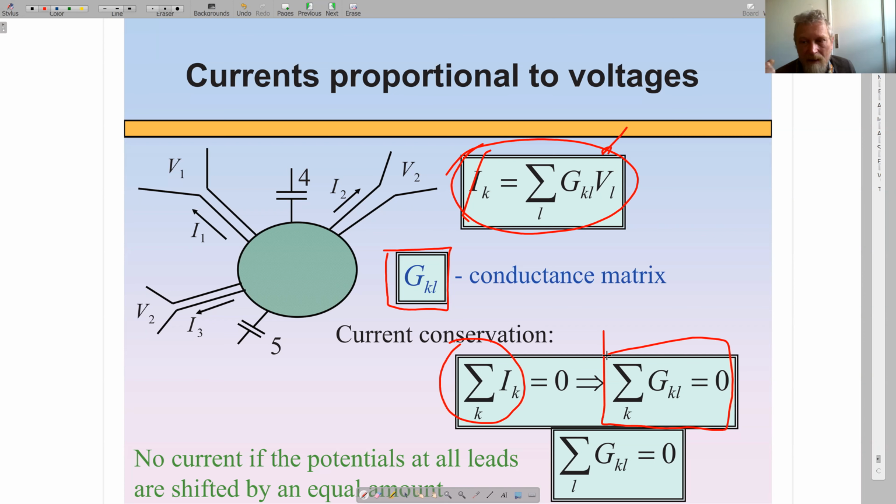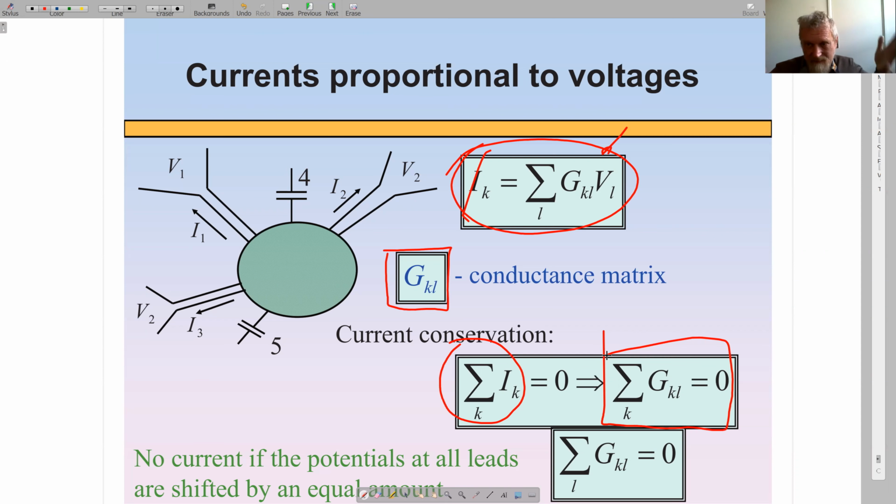Fine. Another property which is perhaps a little bit less obvious is the following. Let us imagine that I raise all voltages on all leads by the same amount. I didn't apply any voltage difference which can drive currents, so the currents must be zero. In very high language, I would call this gauge invariance.